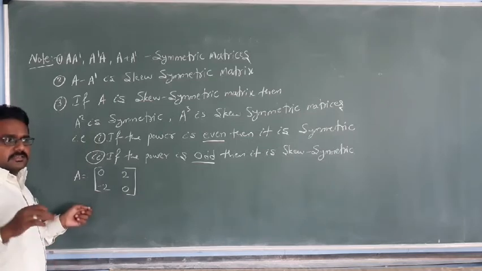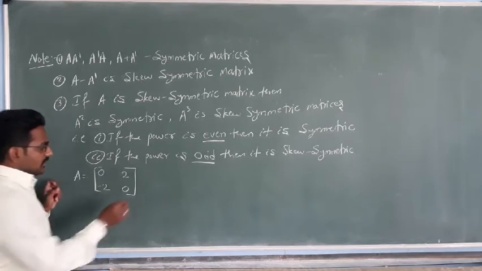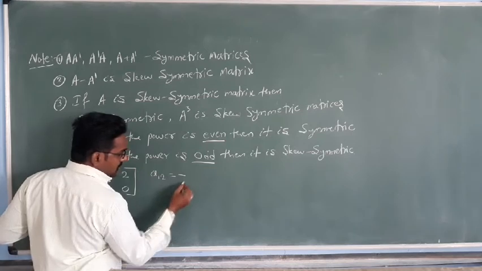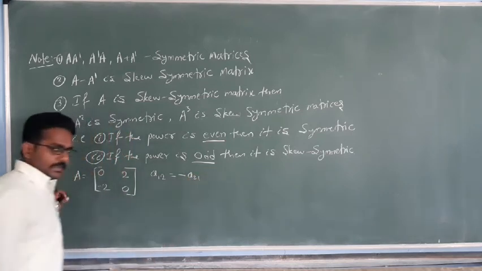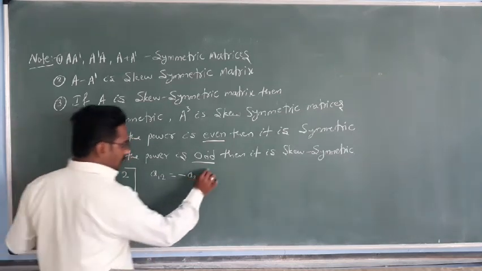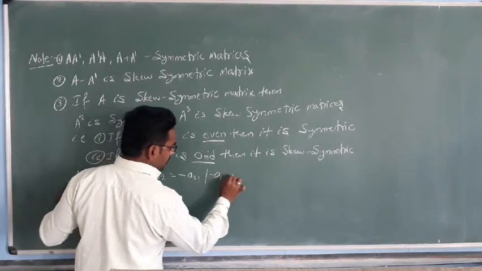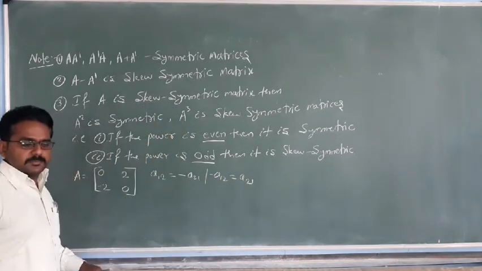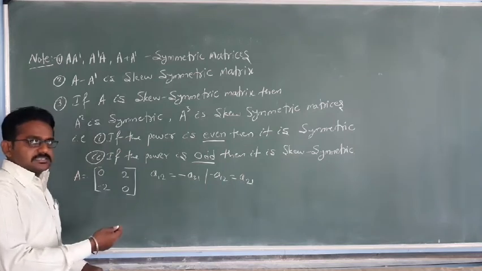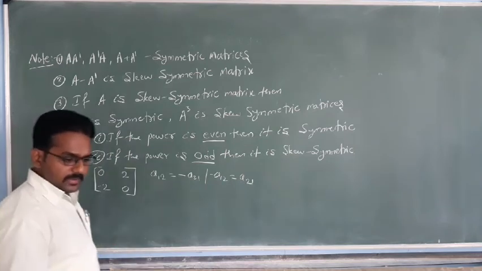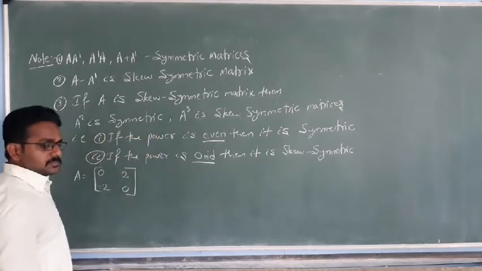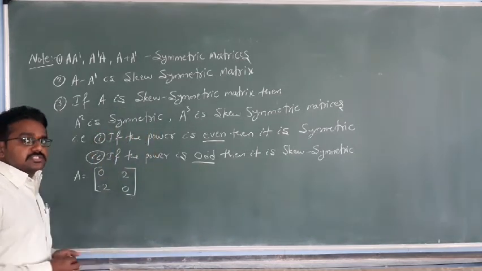Already in the last session I said, if A12 equals minus A21, or minus A12 equals plus A21, if this holds for all non-diagonal elements, then it is skew symmetric, and diagonal elements must be 0 in a skew symmetric matrix.